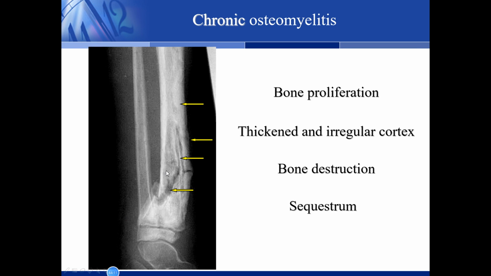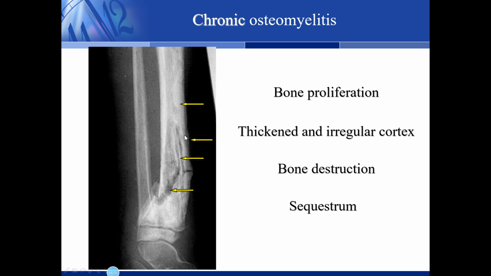Here is another patient, and in chronic osteomyelitis, we may find bone destruction. Here is the bone destruction, and this is a pathologic fracture. In the center of the bone destruction, we can find the sequestration, because the sequestration happens in the bone destruction.